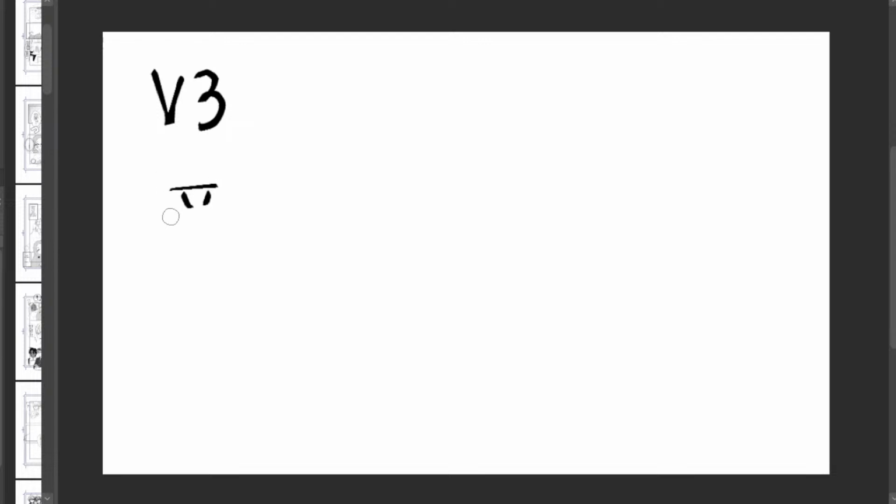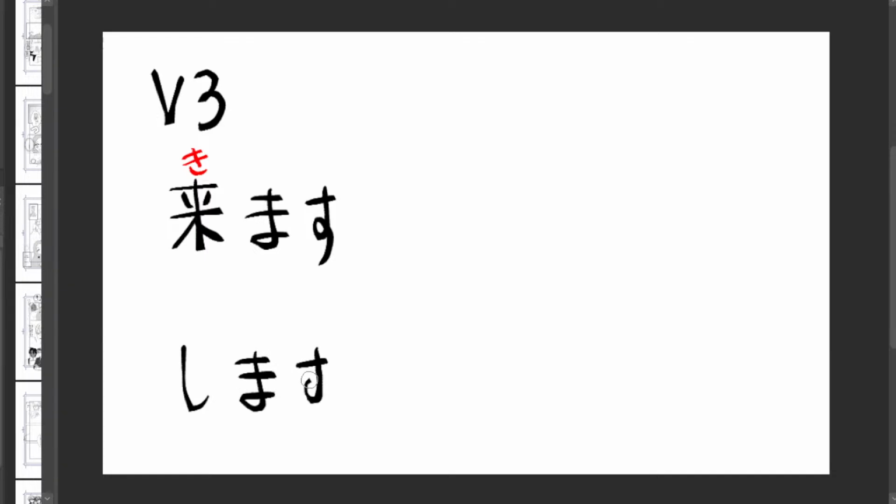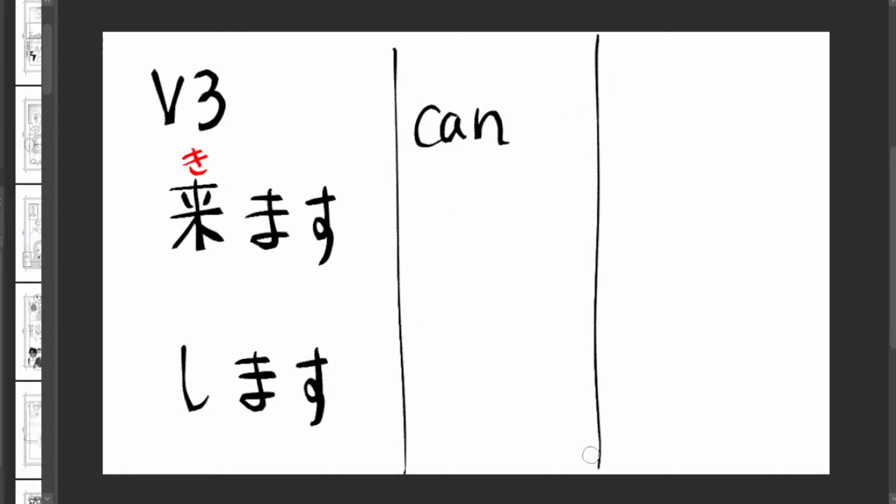The first one is kimas, which means to come, and shimasu, which means to do. And we have this can and cannot. For V3, you just have to remember because they don't have any rules.